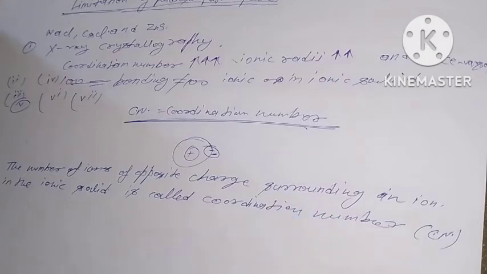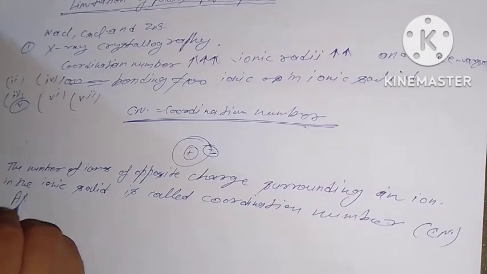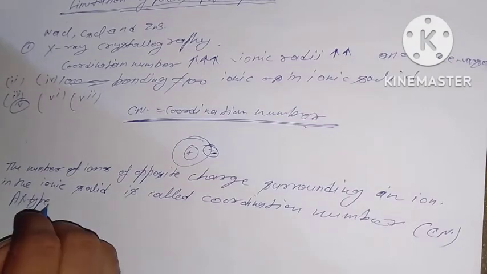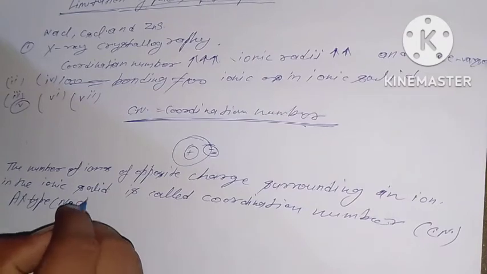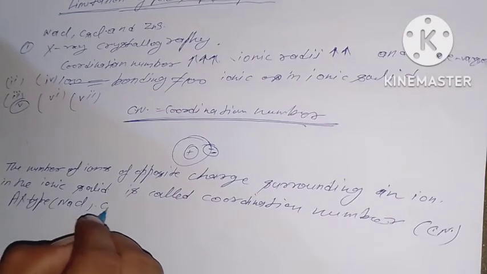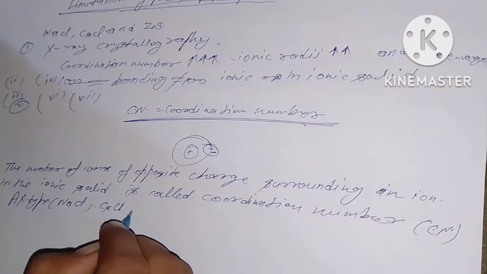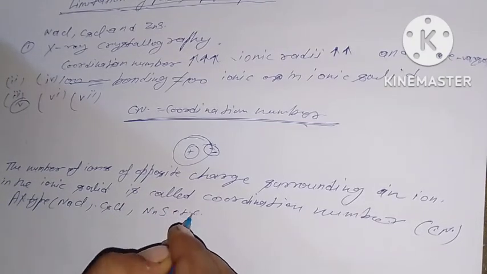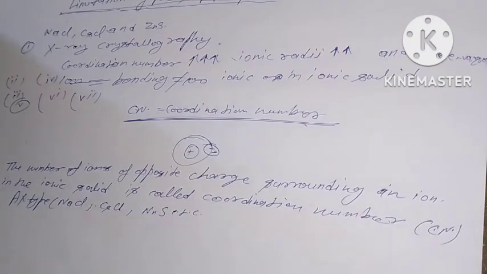In case of ionic crystal of AX type, as example, sodium chloride NaCl, CsCl, and ZnS etc., in which the number of each kind of ion is same, the coordination number of cations is same as that of anions.